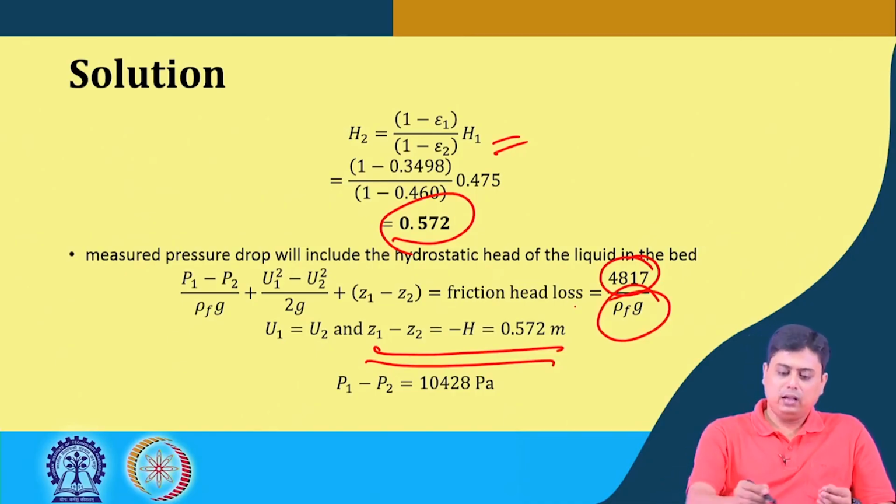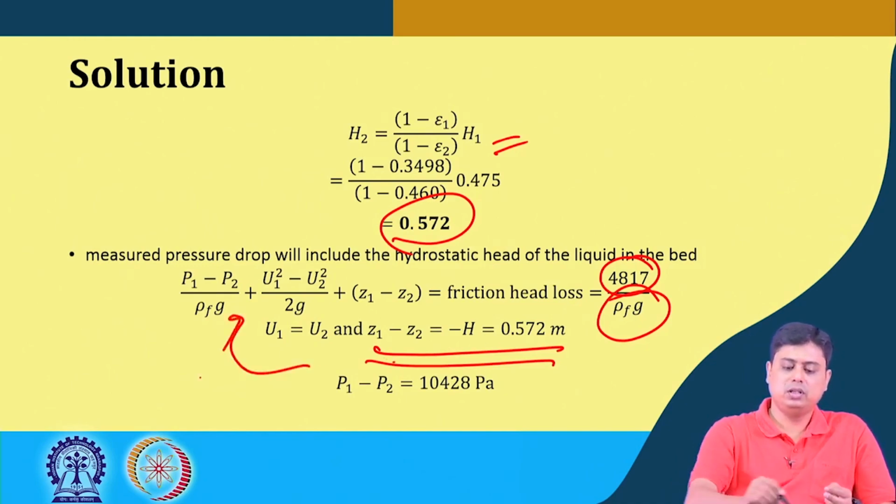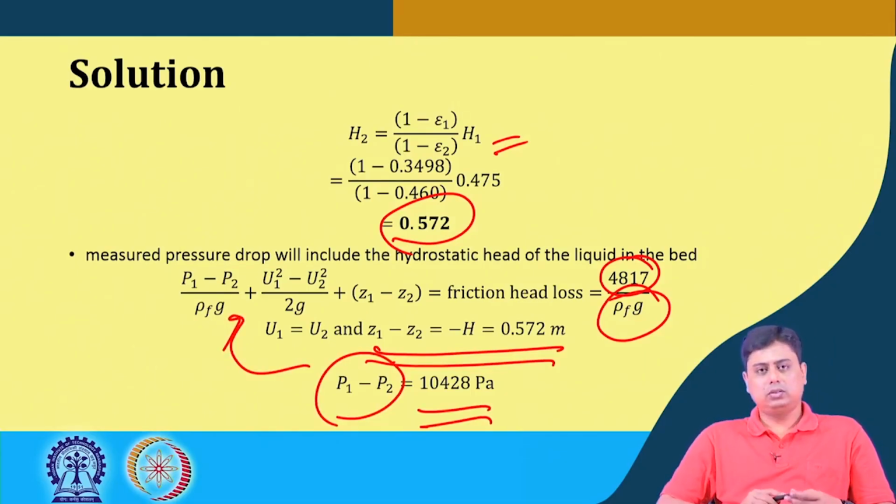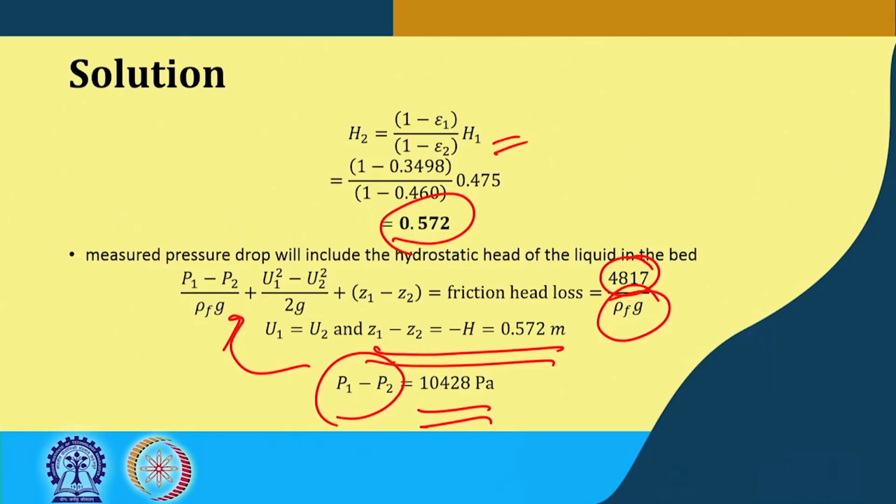So, what we get by replacing this expression here in this equation, we get the delta P as 10,428 Pascal, which is the measured value. So, I hope this question is clear to you.